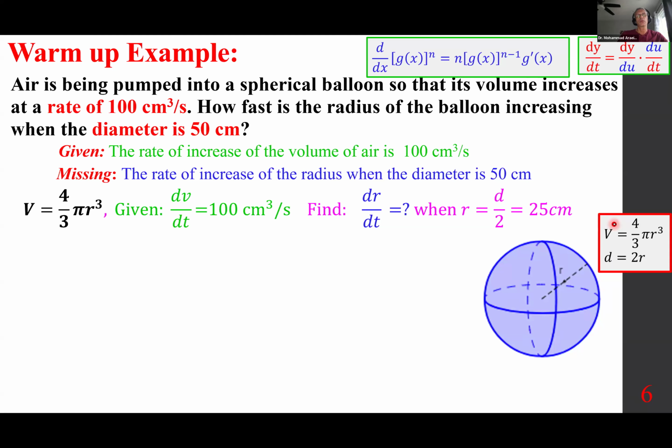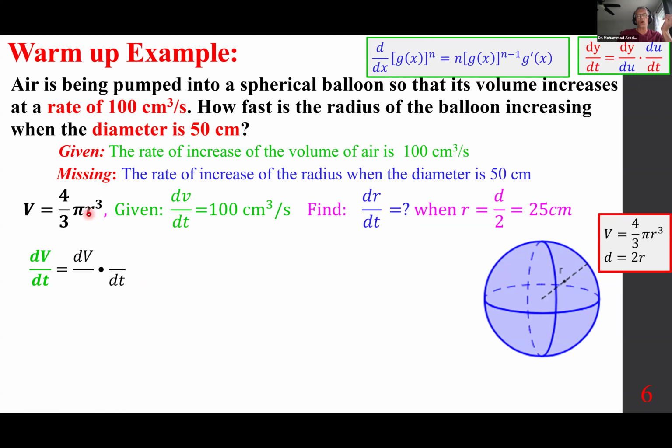And remember, the independent variable is t. You're taking the derivative with respect to t. In essence, you want dV/dt. And you can write it in this fashion. And notice dy/dt is dy/du times du/dt. So the intermediate variable from V to t is r.